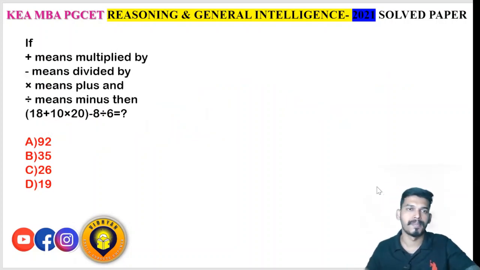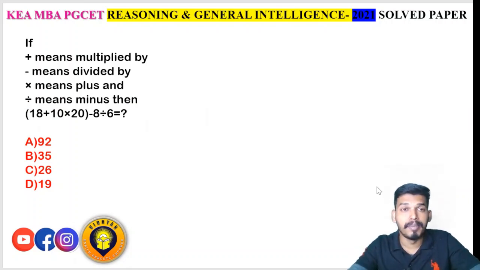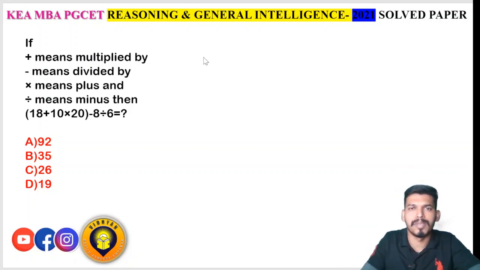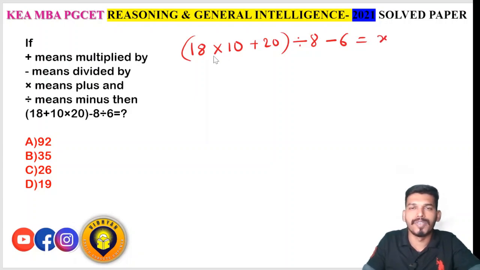Next. If plus means multiplied by, minus means divided by, multiply means plus and divided means minus, then solve the given equation. So plus means multiply: 18 into 10, multiply means plus 20, minus means divided by 8, divided by means minus 6 equals x. First solve the bracket, and inside the bracket solve the multiplication first. 18 tens are 180, 180 plus 20 is 200.